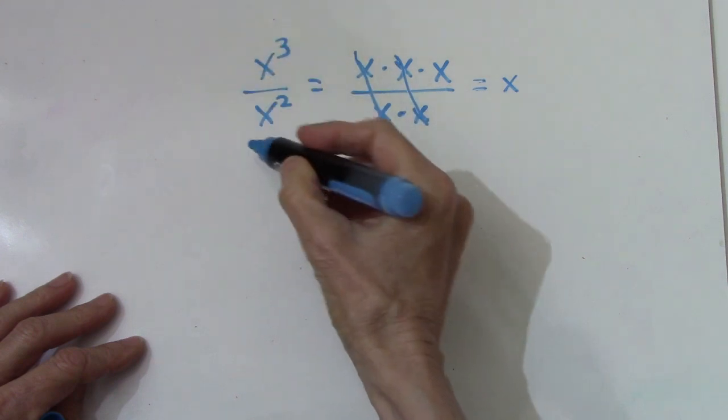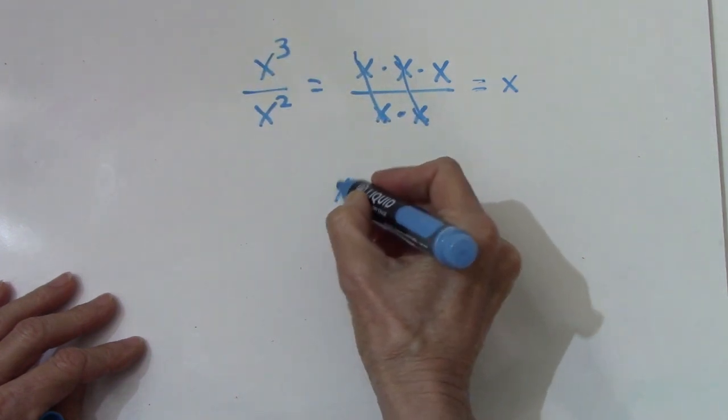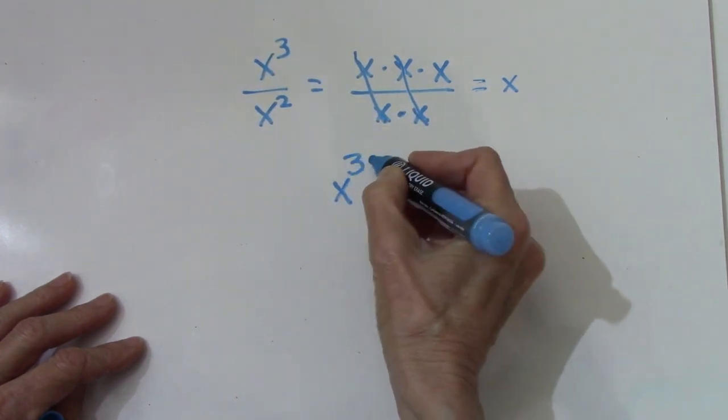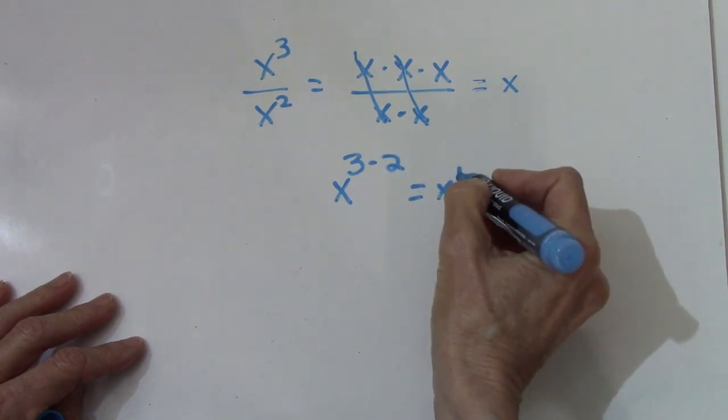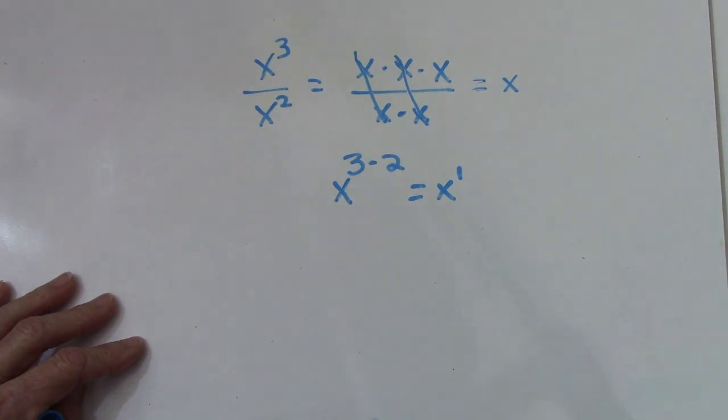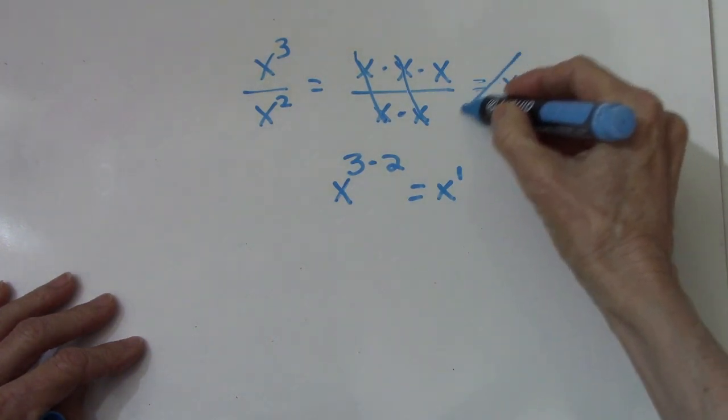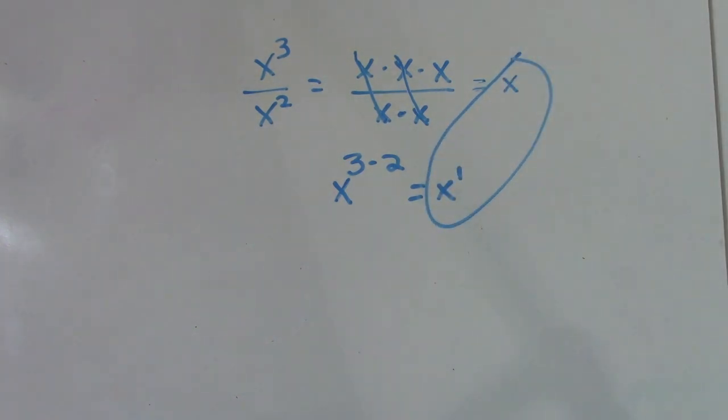Then we can use our rule of subtracting the exponent, so this gives us x to the 3 minus 2, which gives us x to the 1. So again, we get the same answer. We have two different rules, and they give us the same answer.